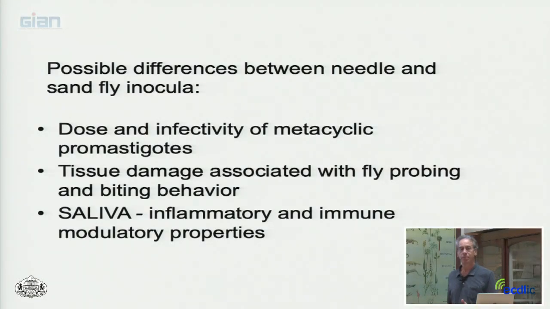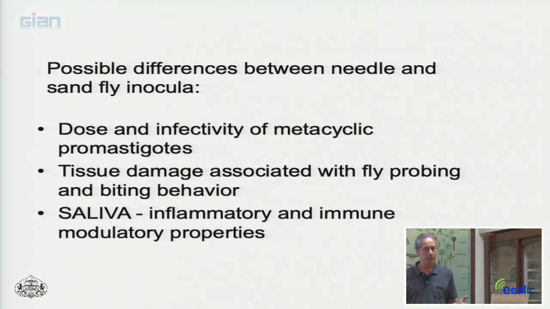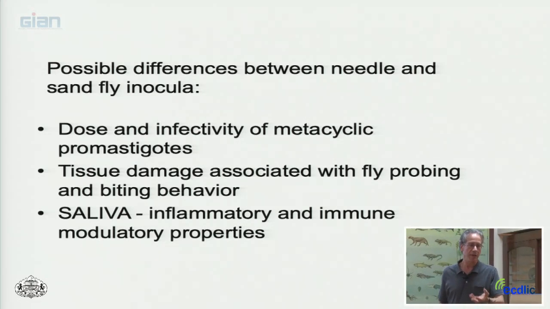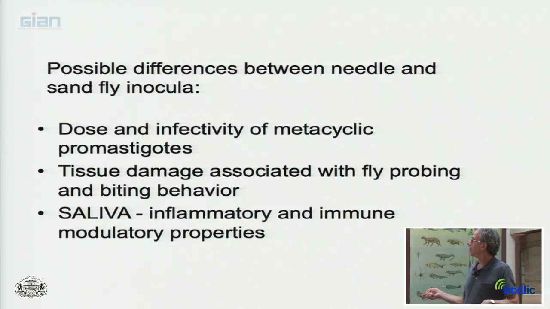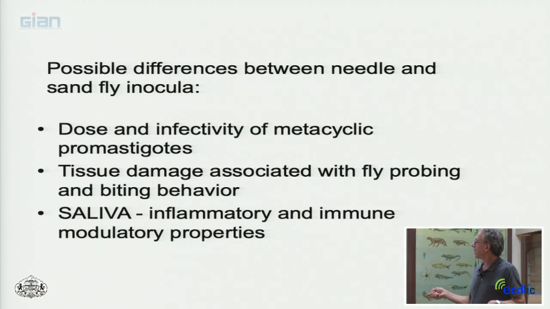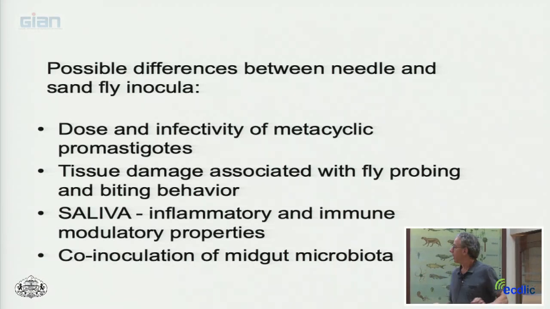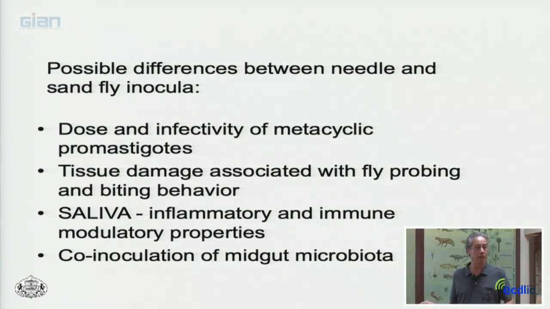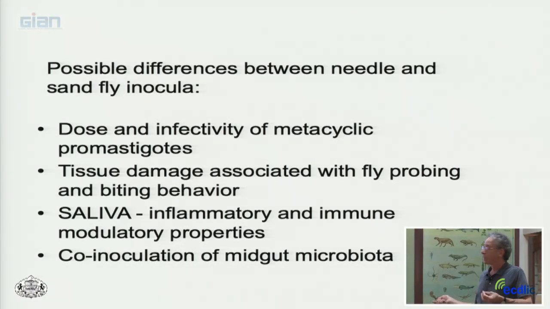And then, of course, flies are not just delivering parasites. They do salivate. They deliver components in the saliva that have inflammatory and immune modulatory properties. And we also discussed that they may be delivering the microbiota from their guts as well.